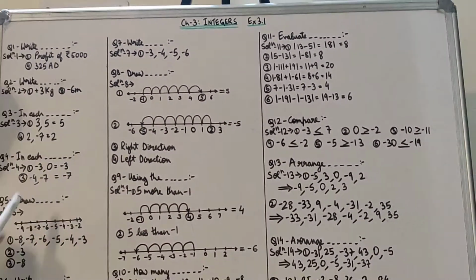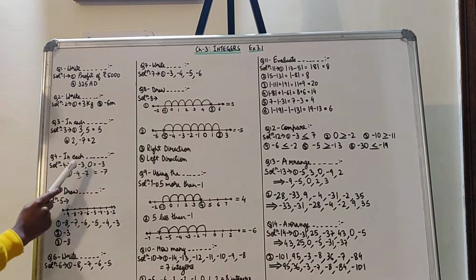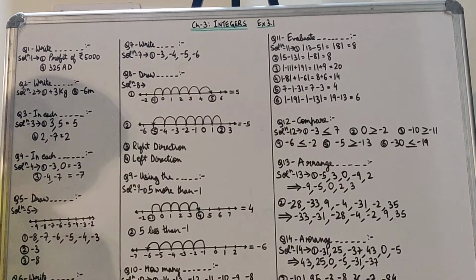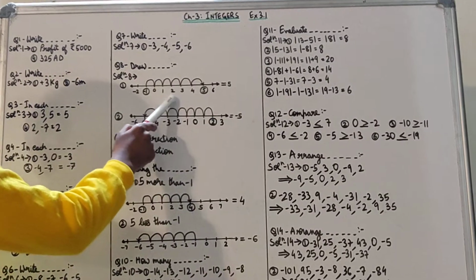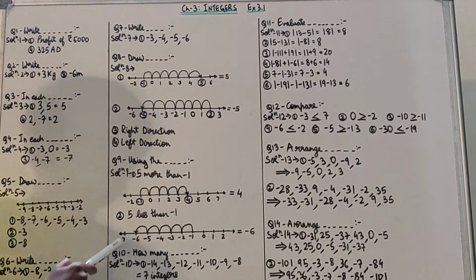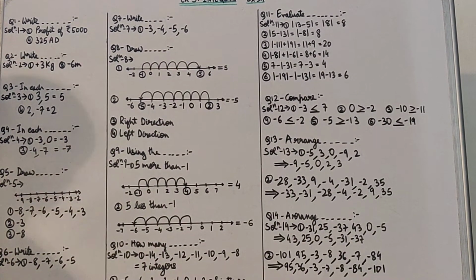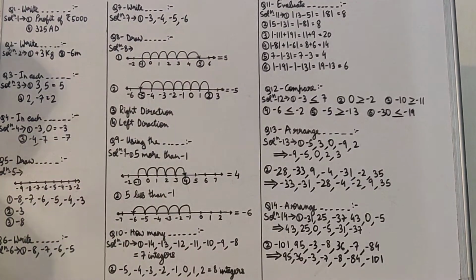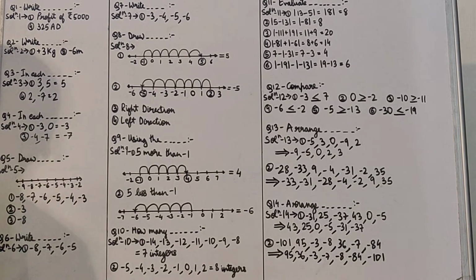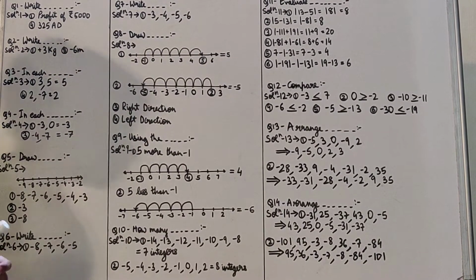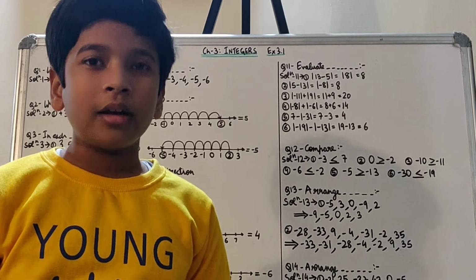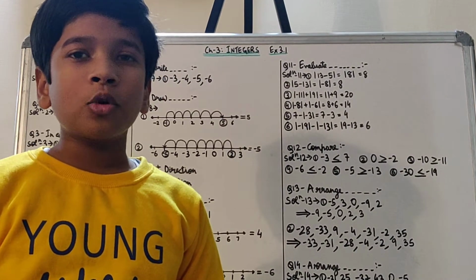So 5 is the answer. Then the next one is 2 and -7. You can see that 2 comes towards the right. So 2 is the answer. Remember this, that the greater number always comes towards the right and the lesser number comes towards the left.